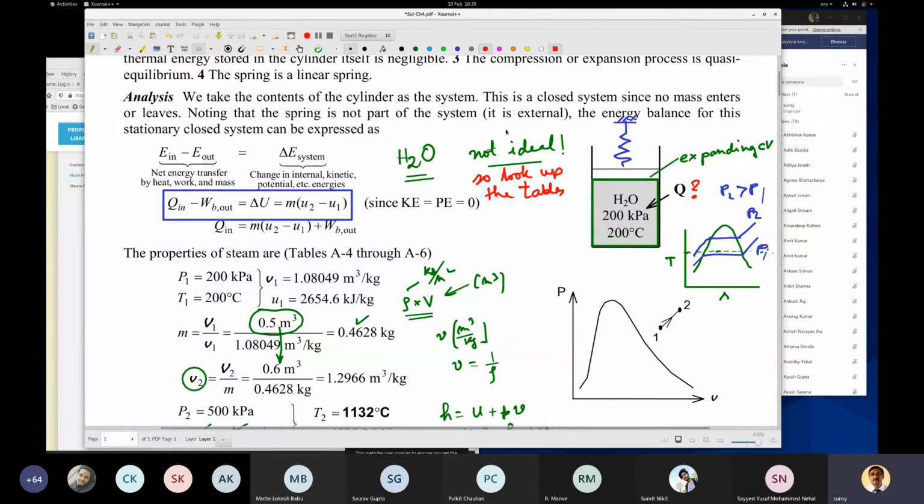This is real gas, real vapor. It does not follow the ideal. It is not an ideal gas. So for H2O, never use PV equal to RT. Always you must look up the tables. That is why I am struggling so hard to look up the tables and the properties.